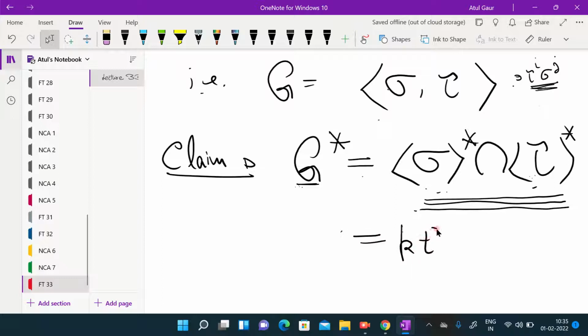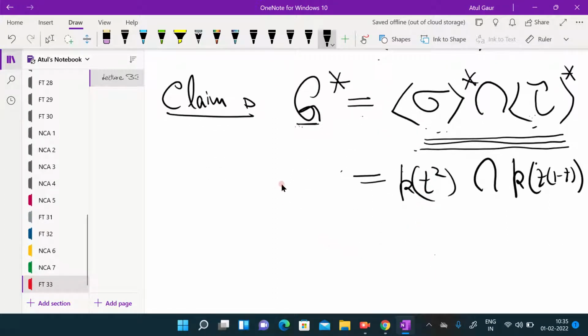This is K(t) to the power G, this second one is K, sorry, t into 1 minus t. So the claim part is that this equals K. So the claim part is the last equality.